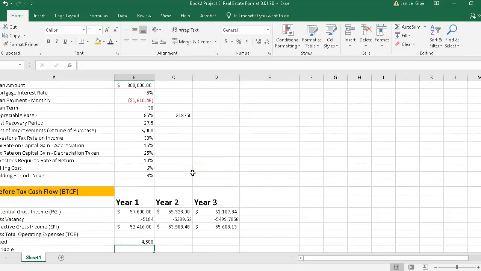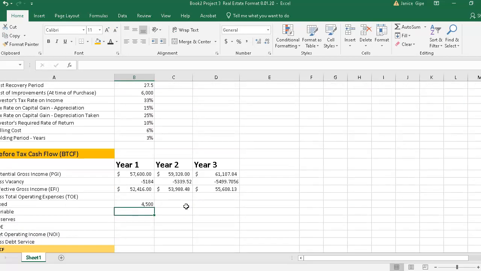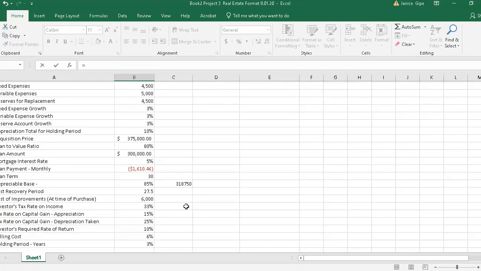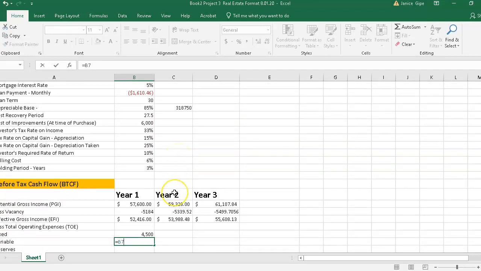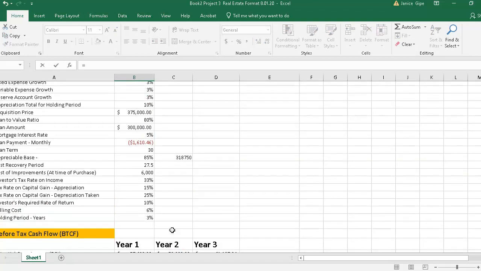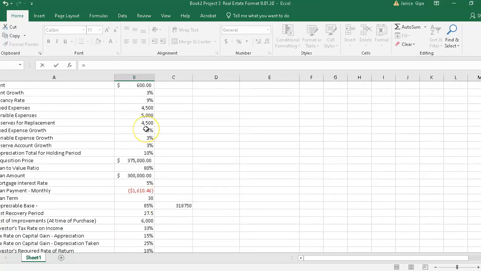And then the variable expenses originally were the $5,000, and then the reserves for replacement was $4,500.